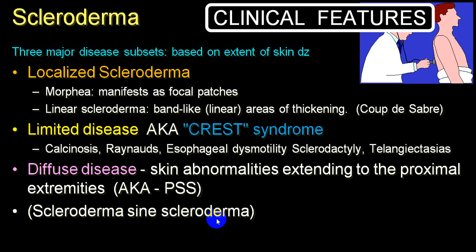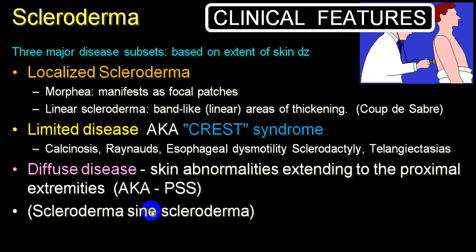So in a localized variety, two common ones are morphea and linear scleroderma. There is one name given, coup de sabre. In limited, this is CREST syndrome, and in diffuse, it involves skin extending up to the proximal extremity. So it is a diffuse variety, also called primary systemic sclerosis.